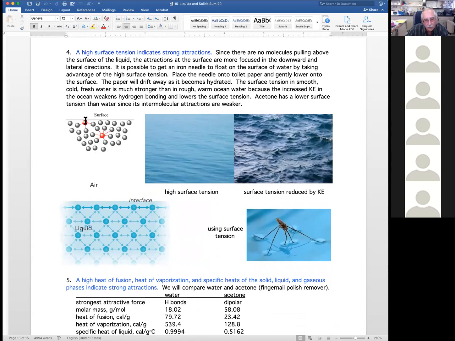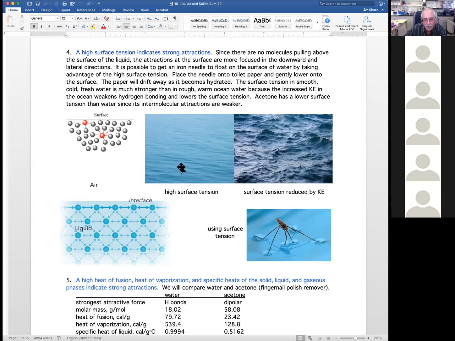But what about this one on the surface? There's no attractions over here, right? But it has its same magnetic field, but now it's focused on only a couple of directions. So the attractive forces here are a little bit stronger.